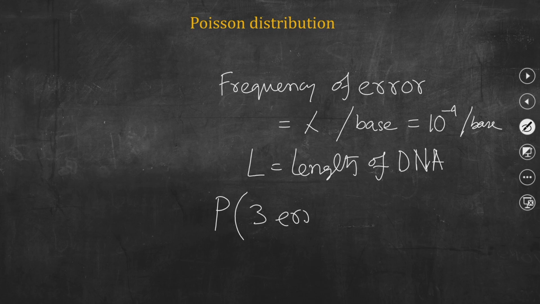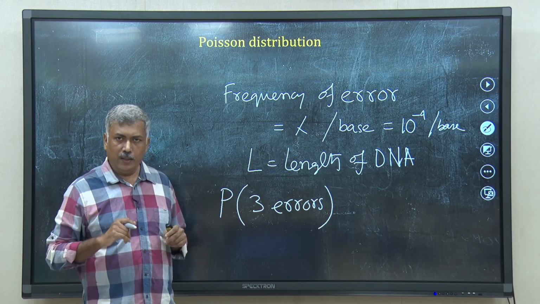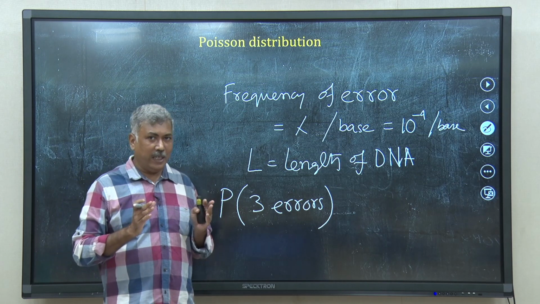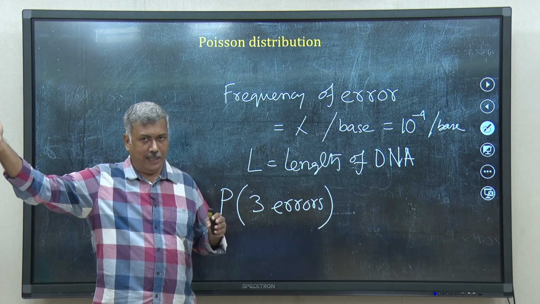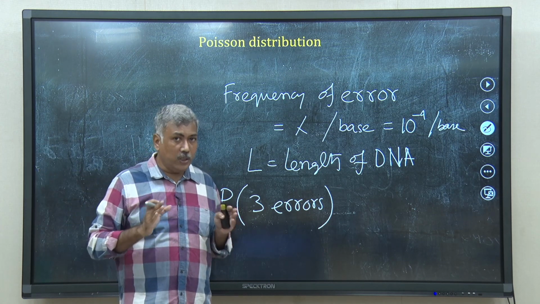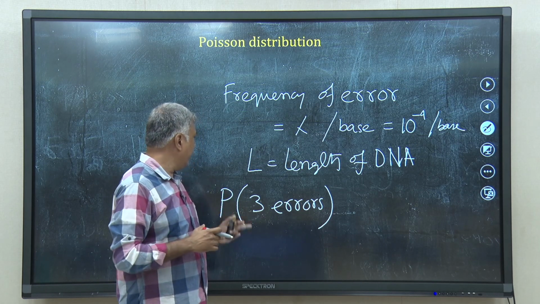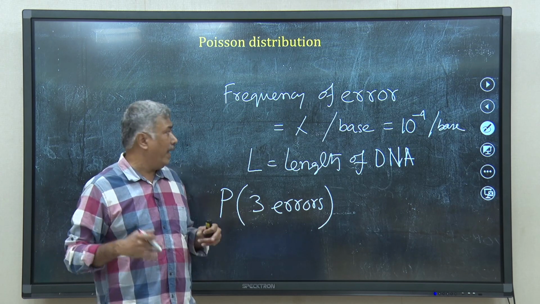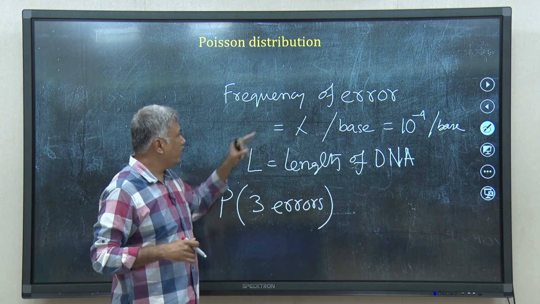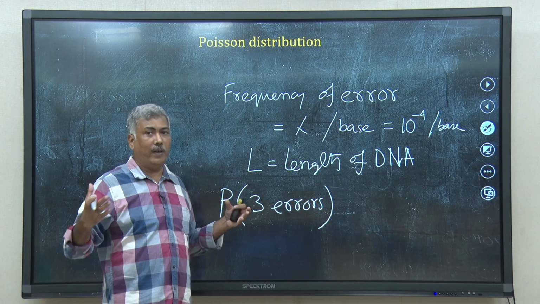I do not bother about where the errors are, somewhere in this length L the errors are there. What is the probability that 3 errors will come? Now, remember the number of errors is a discrete random variable, it can be 0, 1, 2 up to the length L most possibly. So it is not a continuous variable, you cannot have an error of 2.3. So I want you to calculate the probability that 3 errors will appear in this length L, where lambda is the frequency of error, which is a very small value, and the length of the DNA is L, which is a big value.